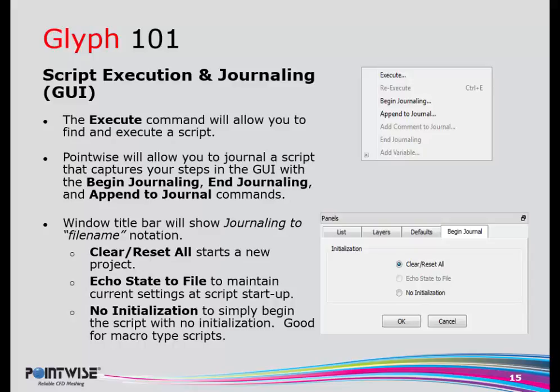If you've ever journaled anything from Pointwise, how many people have journaled something from Pointwise before? Okay, a couple people. If you've noticed, it's really verbose. There's a lot of stuff that gets journaled along with the commands that you actually need. Temp variables are created, a lot of stuff that you don't really need. Not to mention, Pointwise isn't the most efficient when it's journaling. It doesn't know that when you create 4 connectors that you would rather have a procedure to create connectors and just feed it arguments, right?